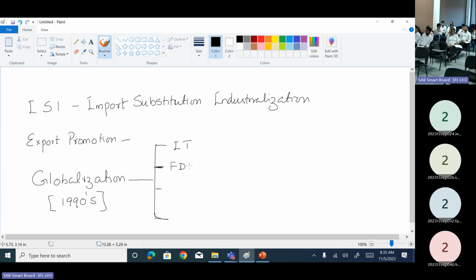Portfolio investment means share market investment. Sri Lanka also promoted FDI after 1977, introducing many reforms and relaxations, tax reforms, tax rebates, tax concessions, and infrastructure development, in order to attract more and more foreign investment.